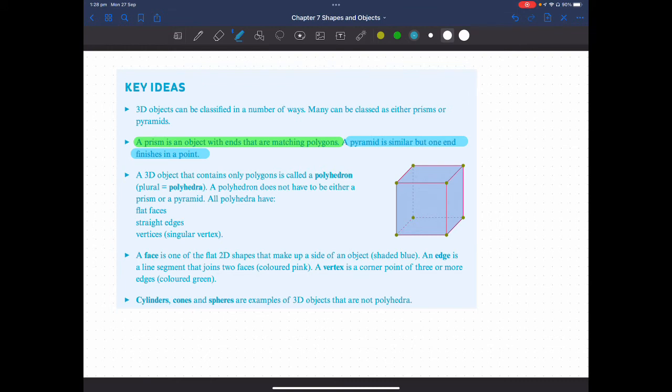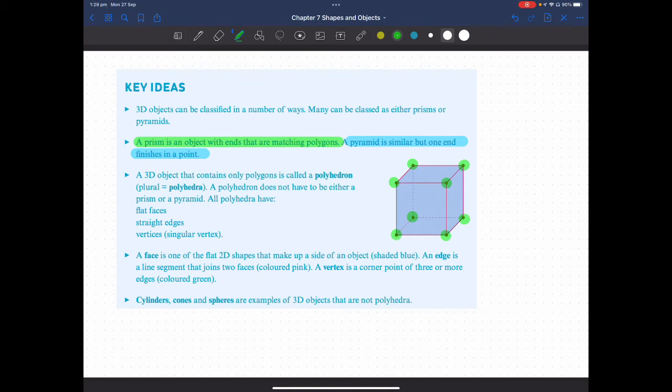With the cube that is drawn for us, we can see in green, there is 1, 2, 3, 4, 5, 6, 7, 8 vertices.